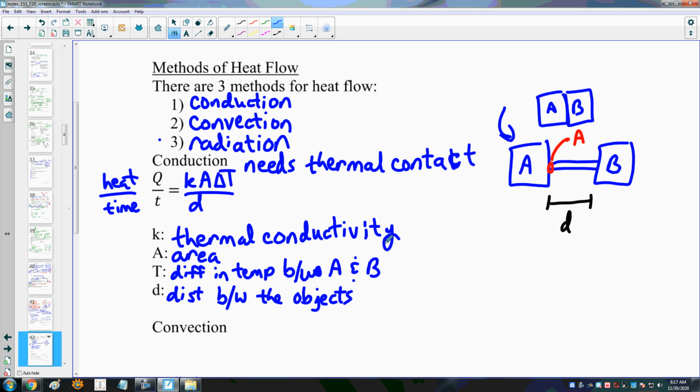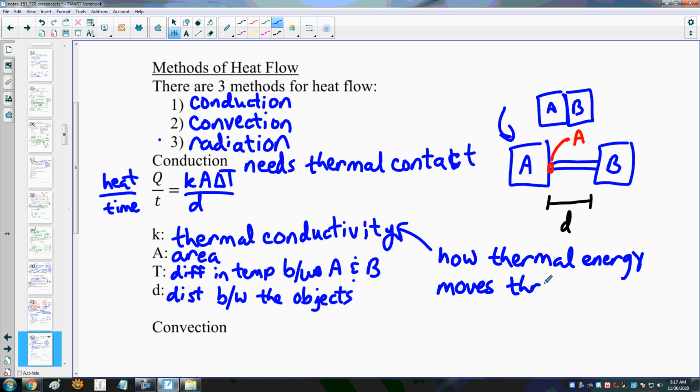Thermal conductivity, we saw that in the Veritasium video, and I did a demo in class. The thermal conductivity describes how thermal energy moves through an object or a material.